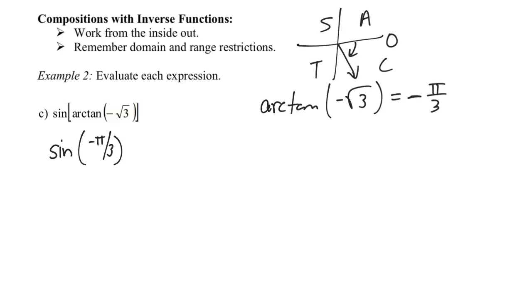And then just analyzing using my acronym, I know that sine is negative in that quadrant. And so this is going to end up being negative. The reference angle will be pi over 3, and sine of pi over 3 is the square root of 3 over 2. And so the answer to this problem in whole would be negative square root of 3 over 2.